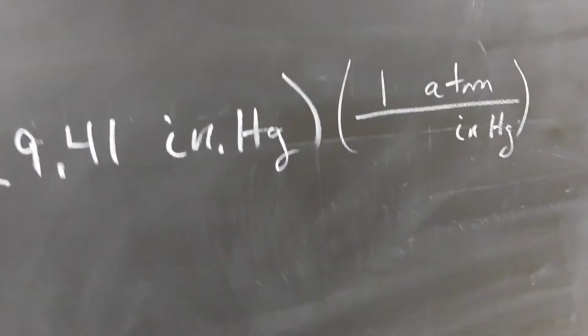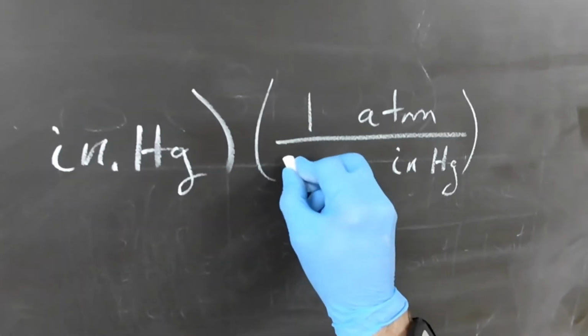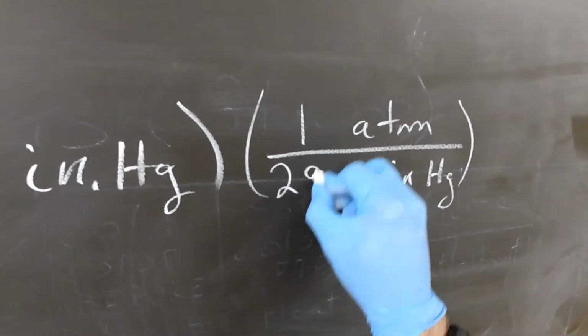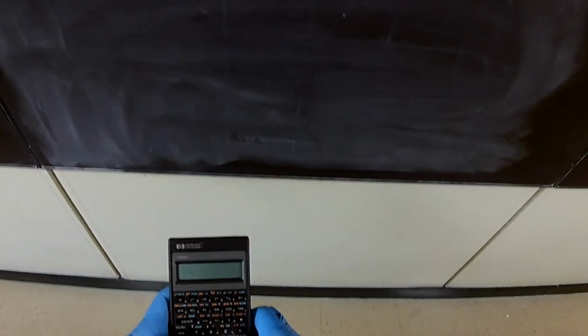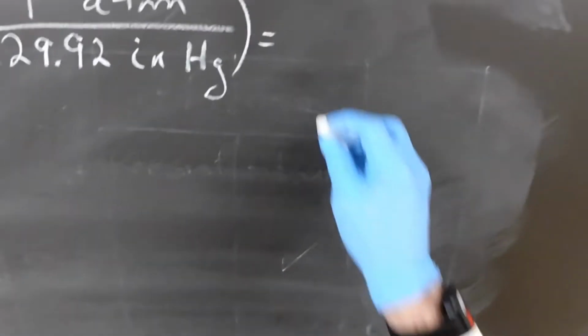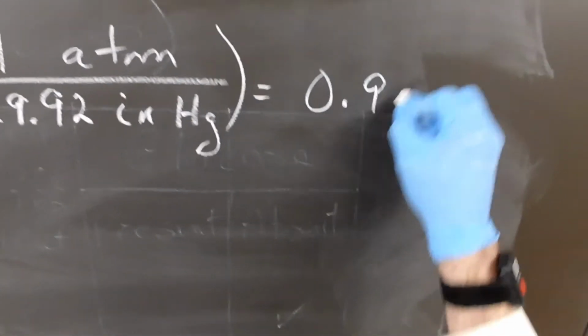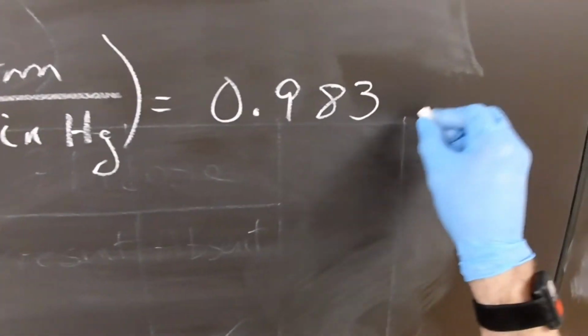Well, I happen to know that value. 29.92. Okay? So 29.41, enter, 29.92, divide, 0.983. 0.983 atmospheres.